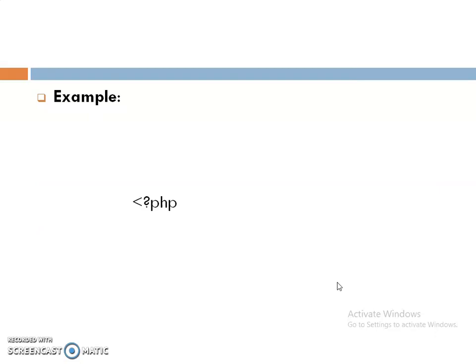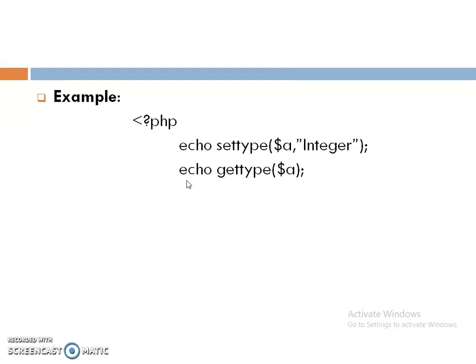For example, in a PHP script, here we are setting the data type of $a as an integer. $a is not declared, so by default it will be considered as 0. Echo gettype of $a, echo $a.